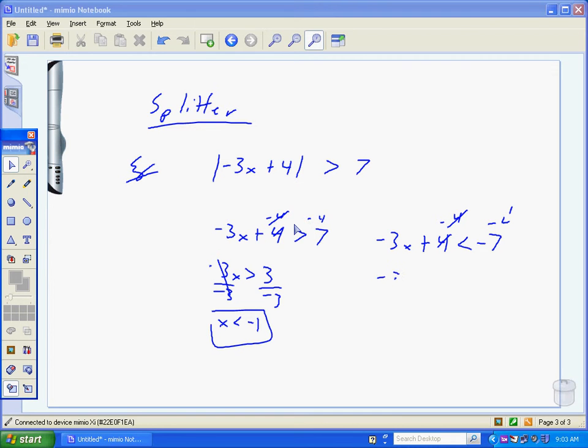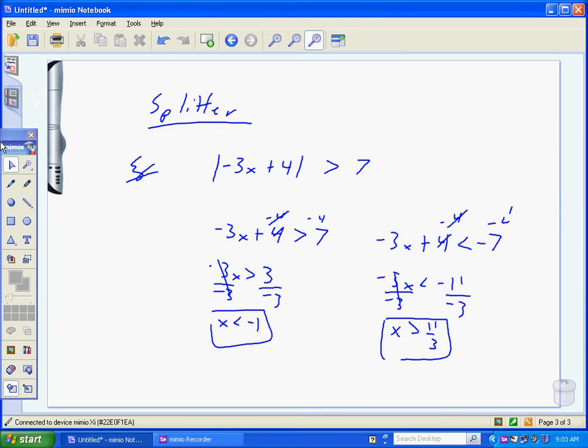Minus a 4, so I get -3x is less than -11. When I divide that -3 out across the inequality, I get x is greater than 11/3. Okay?